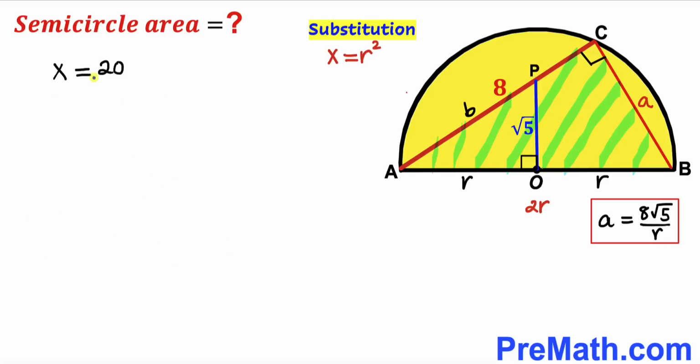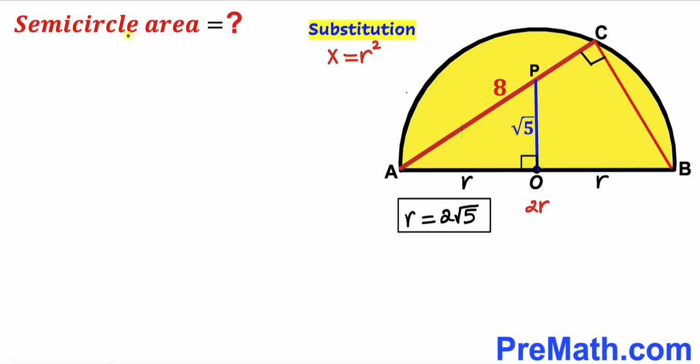Now we know that x equals r squared, so I'm going to substitute this x by r squared over here. Let me undo this square by taking a square root on both sides. So our radius r is going to be equal to 2 times the square root of 5 units.